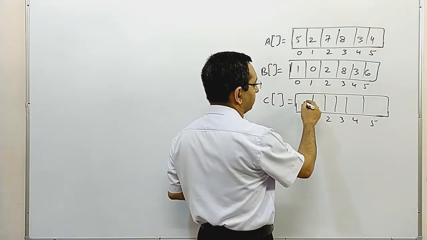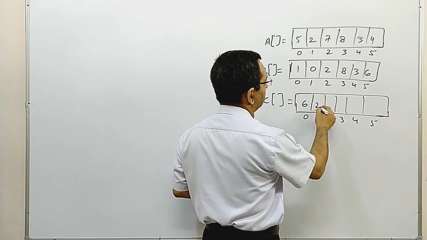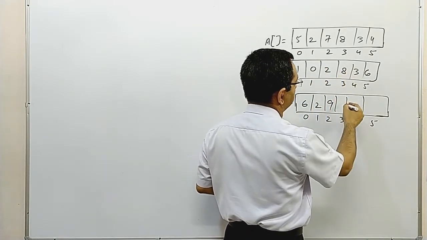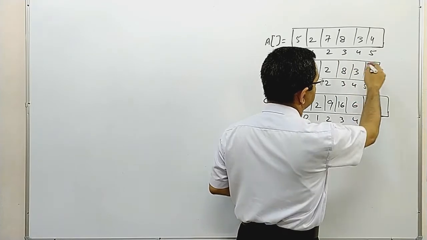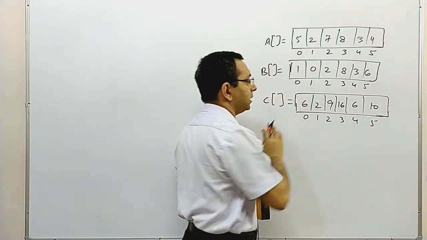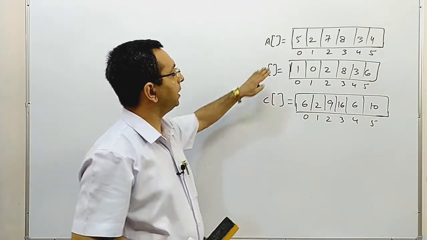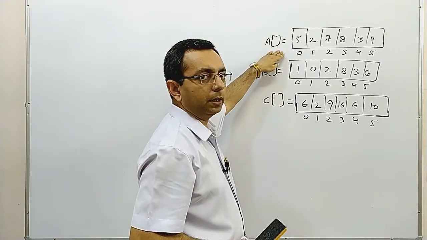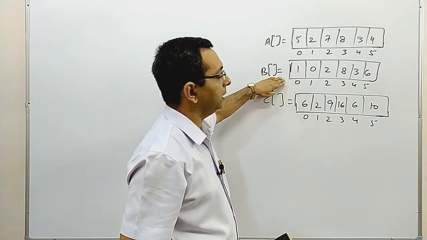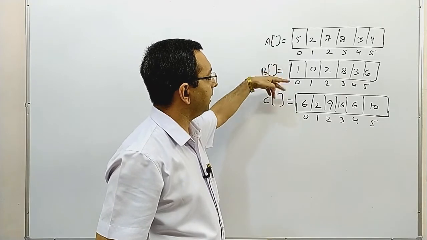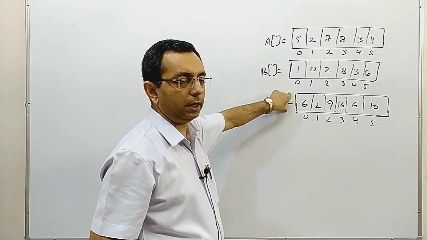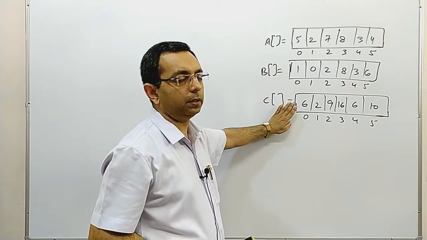So 5 plus 1 equals 6, and then 2, 9, 16, 6 and 10. This should be the result. So first of all, we have to take input A, then input B, then add A and B and store into C, and then print C.